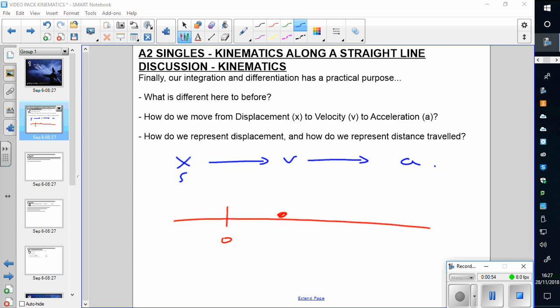So if we have some equation for x, let's say x is sine t, where t is time, x is the position along this x-axis, right? So the particle would start in the middle. What's happening as t varies, basically? So you know that when t is pi by 2, sine pi by 2 is 1, and then it starts going back to 0, doesn't it?